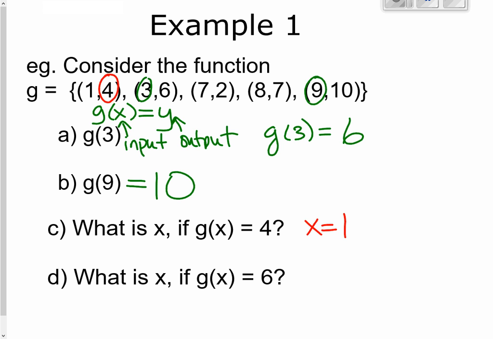I'm looking for an output of 6. Here's my output of 6. x must be 3. So we can work in either direction, just realizing that what's inside your brackets is an input and what's outside is the output. That's going to become very important. What is inside those brackets is your input.